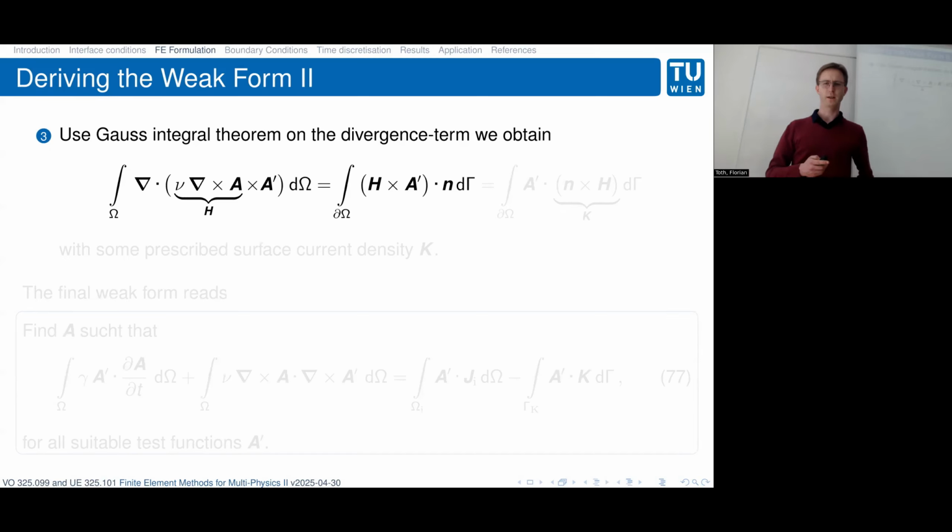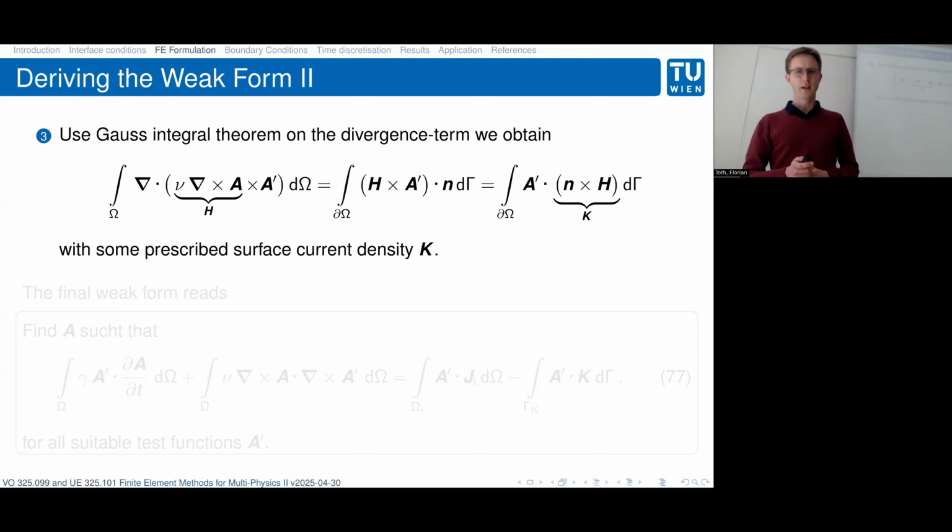And here we can introduce n × H to be the surface current. So this is a known quantity. If we know the surface current density, this gets an inhomogeneous Neumann type condition. And if it's zero, it gets the natural Neumann type condition.